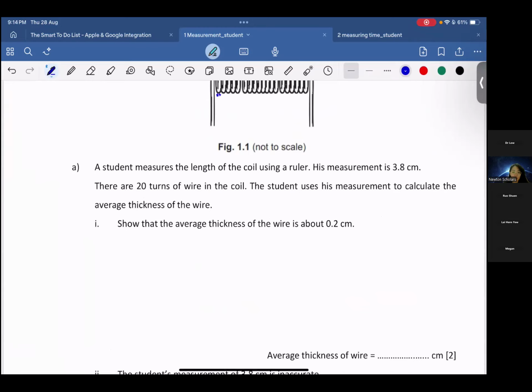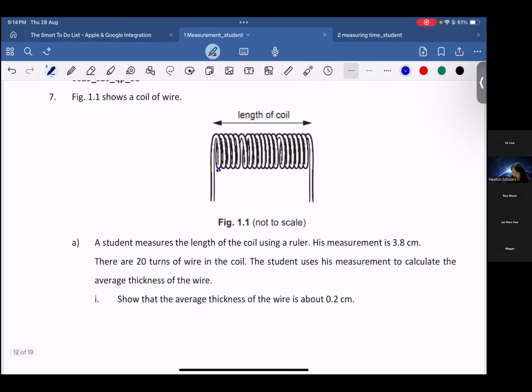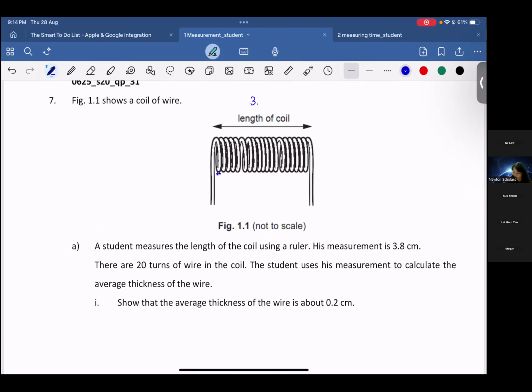Okay, in total he measured 3.8 cm. So this 3.8 covers 20 turns of the wire. How about the average thickness of the wire? Yes, you get the answer right. So what should we do? This is 3.8 cm, in total it is 20 turns.